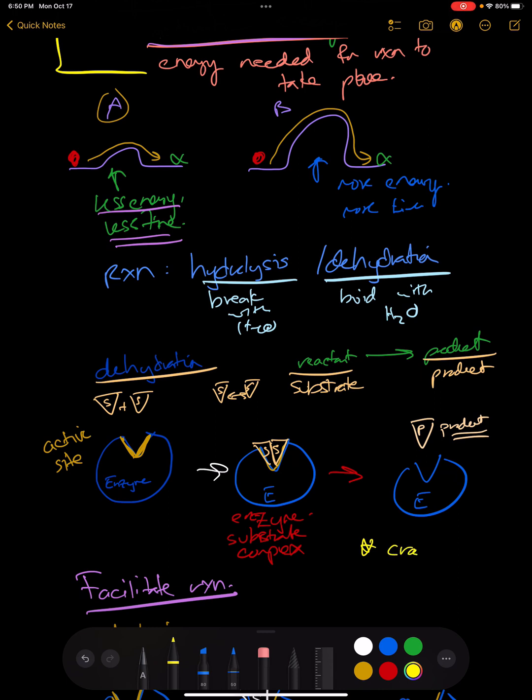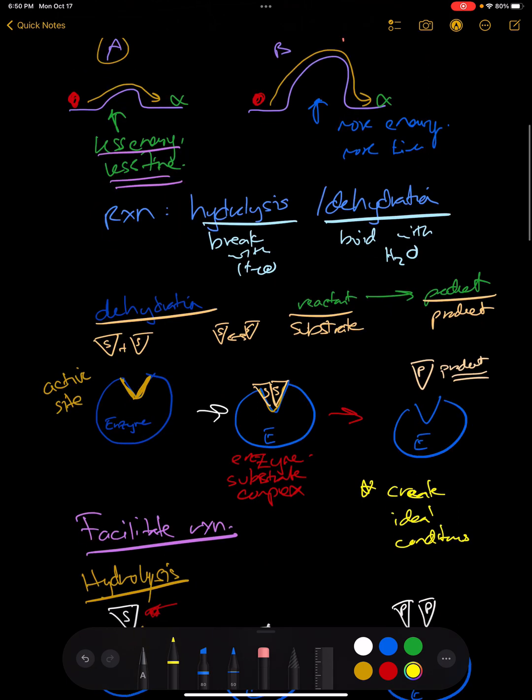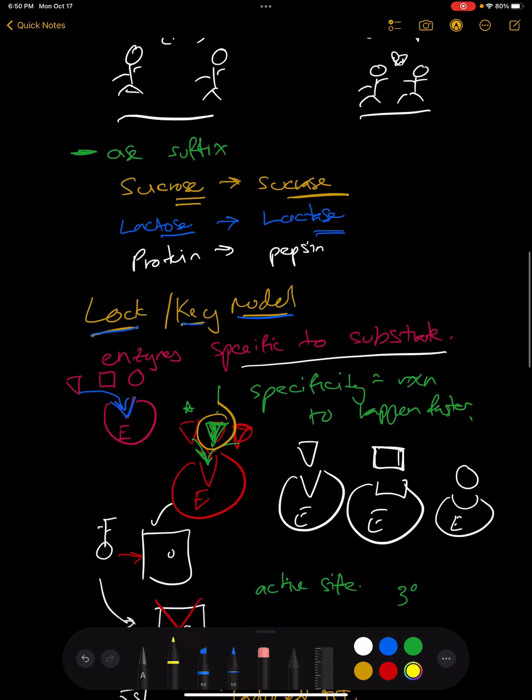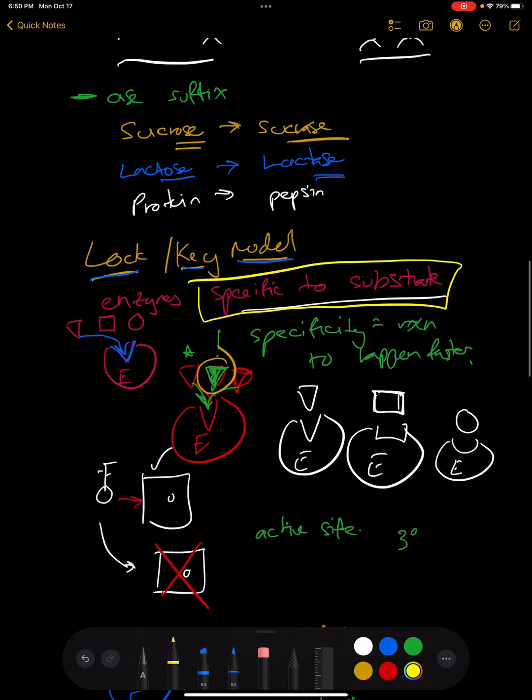So they create ideal conditions for my reaction. And again, those two reactions can either be hydrolysis or they can be dehydration. Again, it depends on what I'm trying to do. And then of course the whole idea of it is that they're specific to a substrate, so that way I only get to do specific reactions whenever I need them.